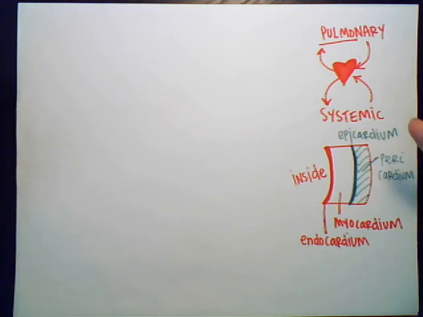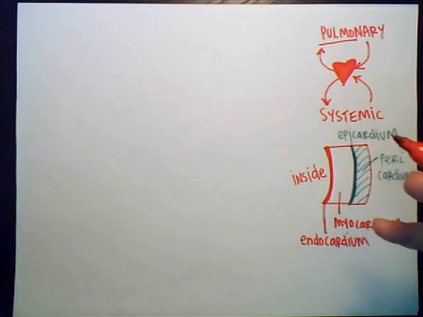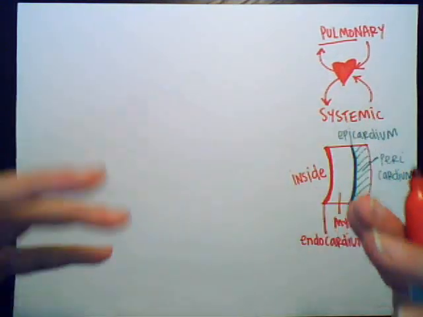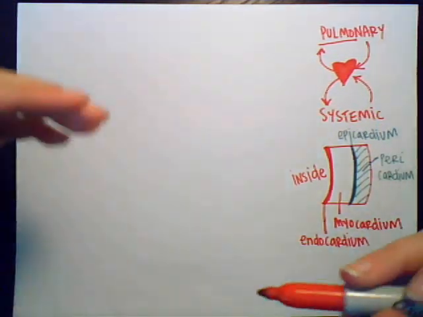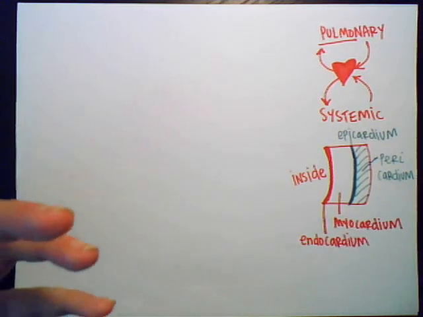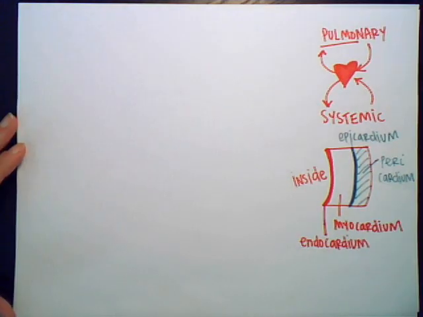But if you memorize it this way and you remember exactly what goes into each chamber and what comes out of each chamber, then all you have to do when you look at the actual heart is recognize the chambers, and from then you can figure out what's coming in and going out, because you already know, hey, the right atrium always has these three things coming into it, so where are those?